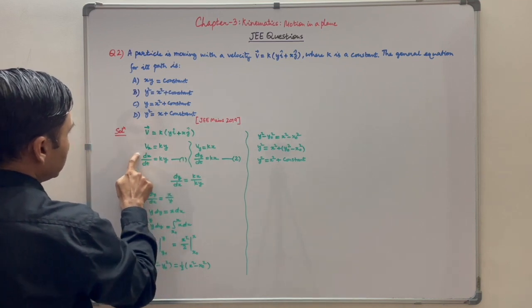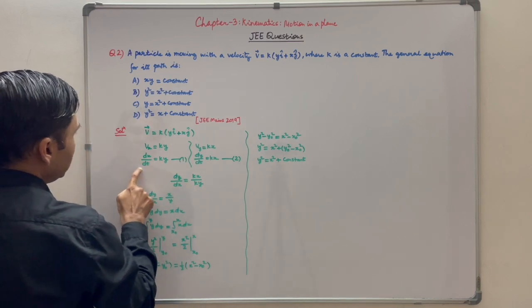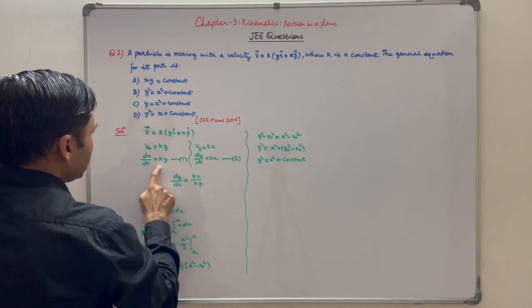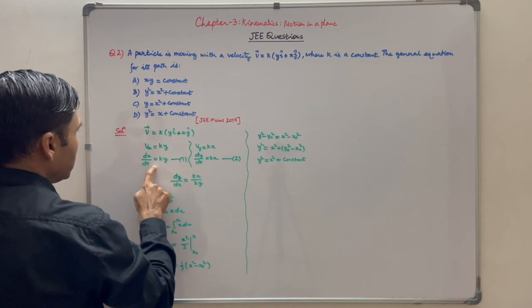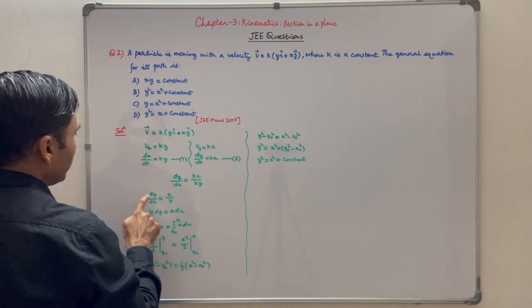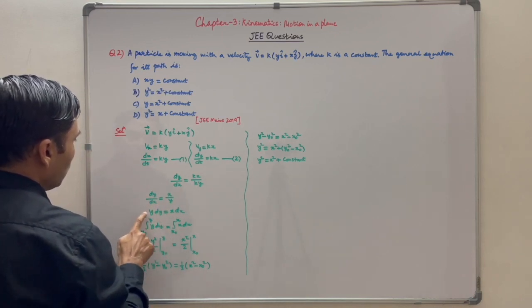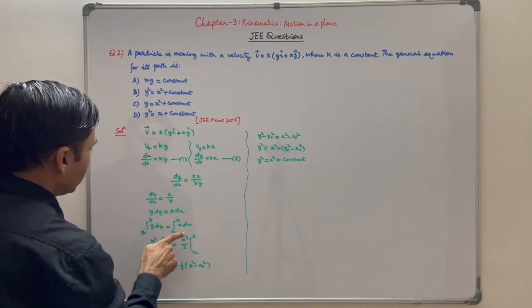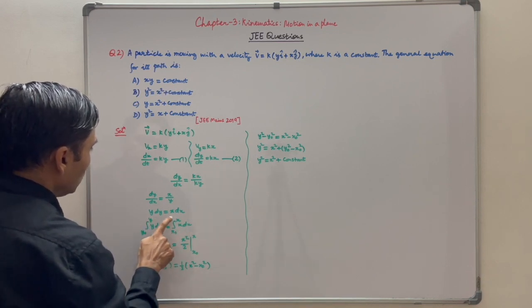Vx we can write as dx by dt and vy we can write as dy by dt. So dx by dt is equal to ky and dy by dt is equal to kx. This is our first equation, this is the second equation. Now divide the second equation by the first equation, we get dy by dx is equal to kx upon ky. That is dy by dx is equal to x by y. Cross multiply, so y dy is equal to x dx. Now integrate both the sides within limits, y within limits y0 to y and x within limits x0 to x.